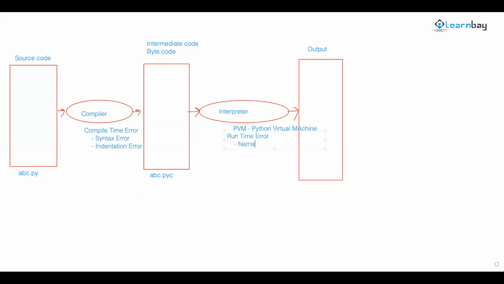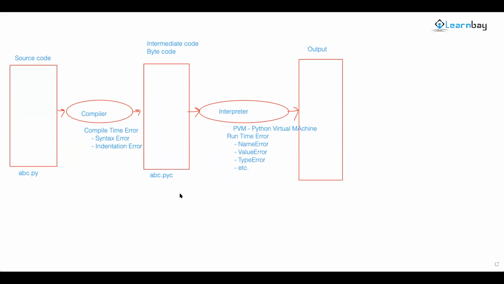name error, value error, type error. Okay. So we have these runtime error which checks for there are different types of runtime error which are checked by the interpreter. Okay.